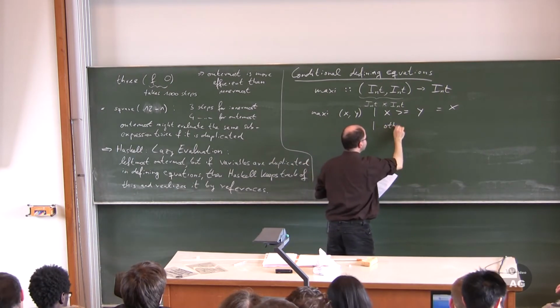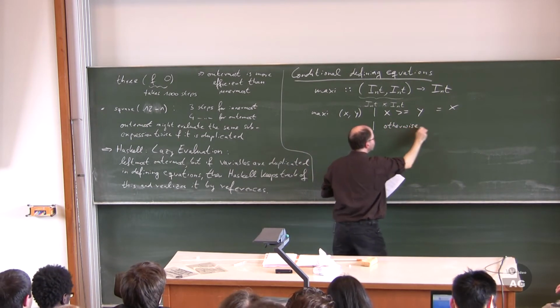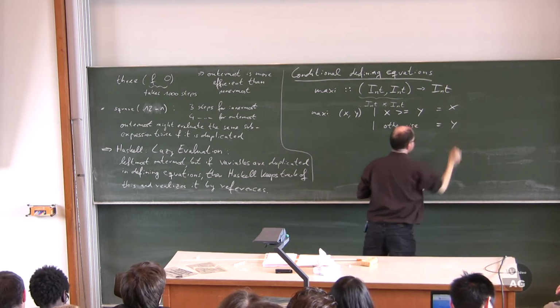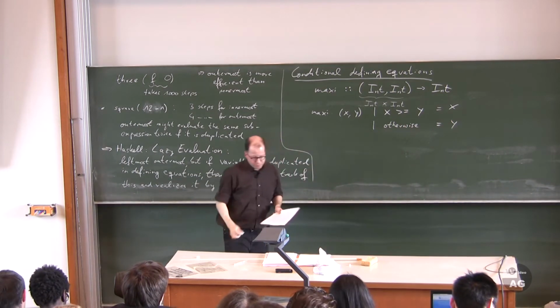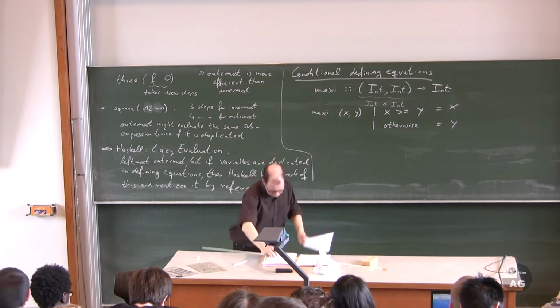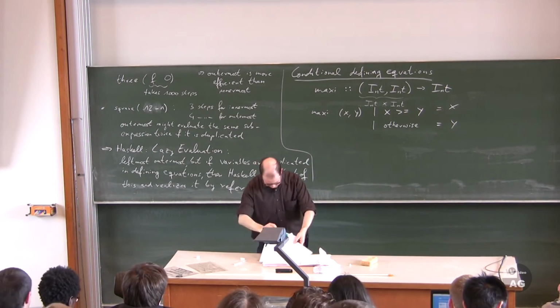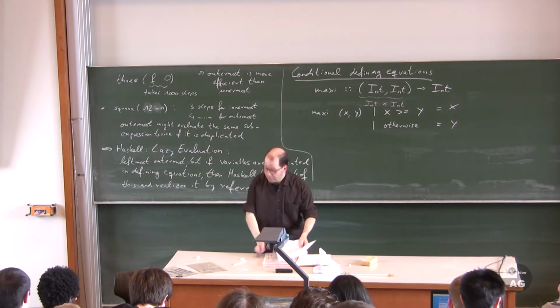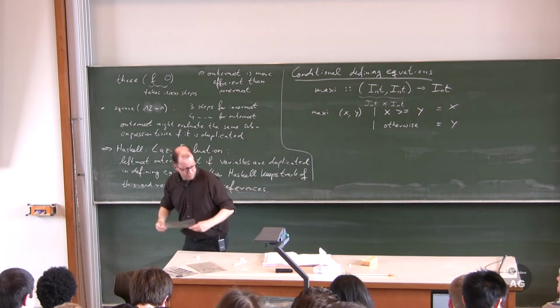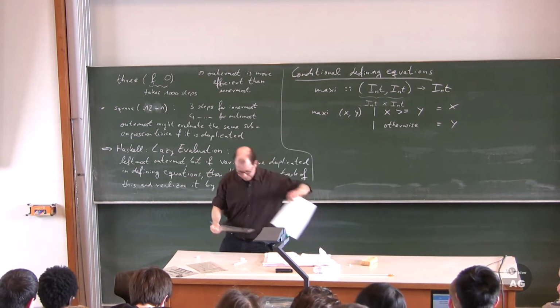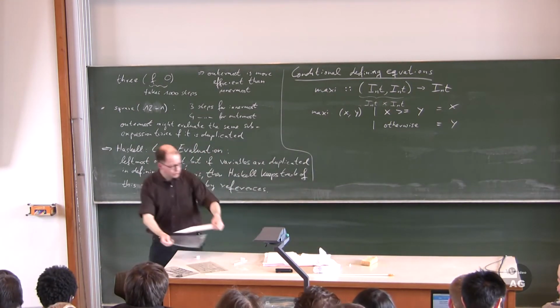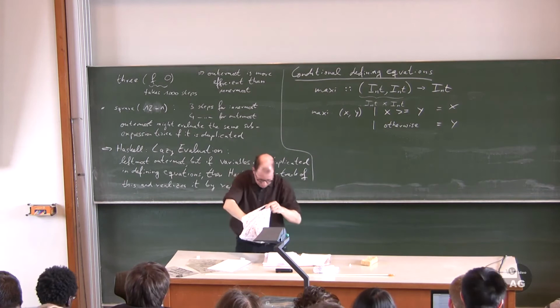And otherwise, the result should be y. So this is new syntax that was not allowed up to now. So let's extend our grammar to allow these kinds of conditions. Let's do this live.